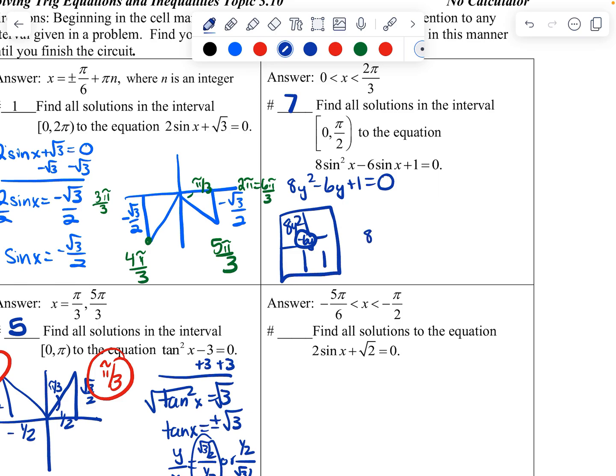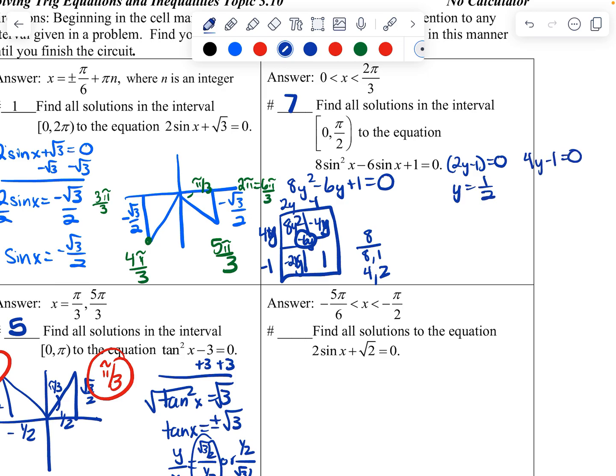So 8 times 1 is 8, so 8 and 1, 4 and 2, that adds to 6, so negative 4y, negative 2y, so we got 4y and 2y. Whoops, those should be y's. So minus 1, minus 1. So I have 2y minus 1 equals 0, and 4y minus 1 equals 0.